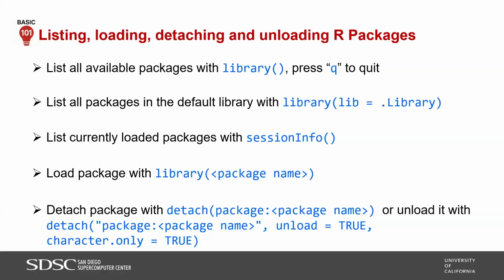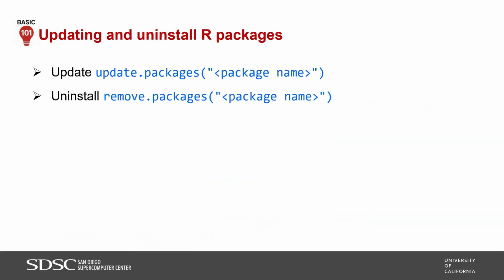If you want to load a certain R package, of course, you still use the library function. If you want to detach or unload an R package, just use the detach function. When you need to update or remove any R packages, you can run the update packages or remove packages command.